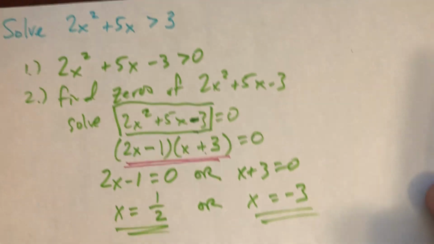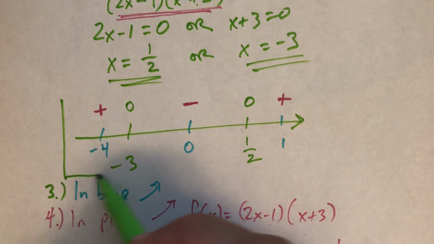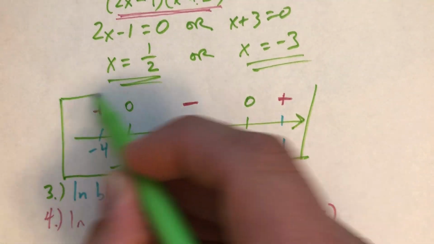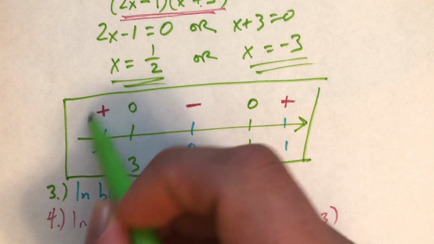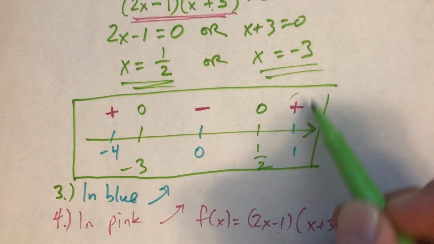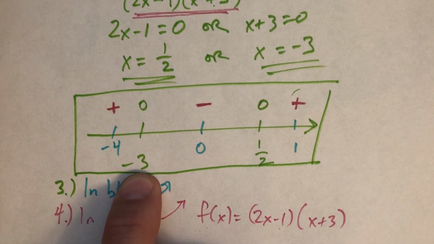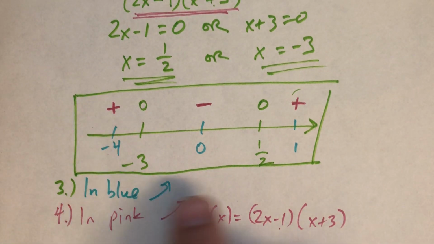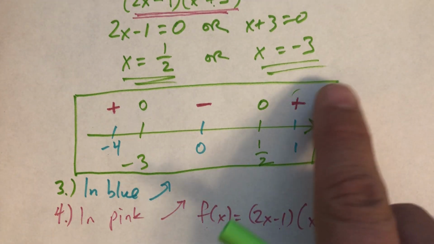So when we go down to our little test intervals here, we just want the intervals for which the value is positive. So we can see pretty quickly that it's here and that it's here. So everywhere to the left of -3, these values are positive. For every value to the right of 1/2, these values are all positive.